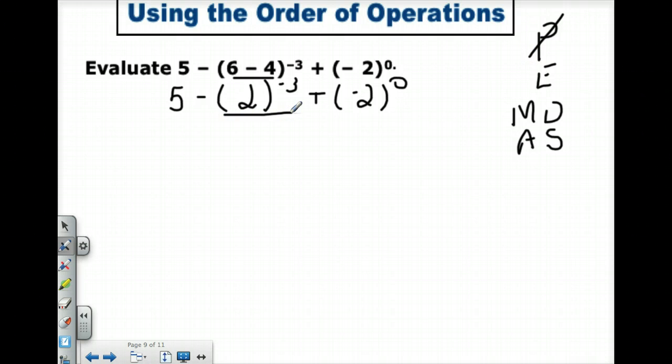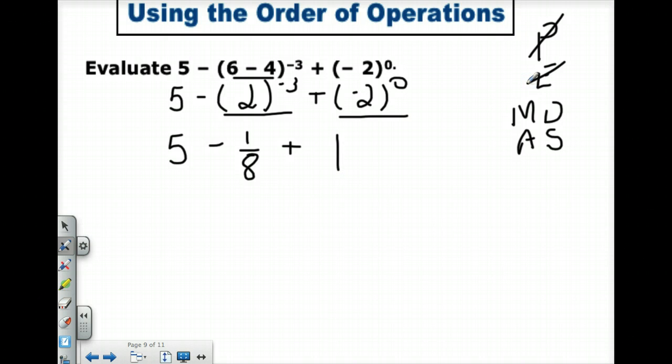2 to the -3rd power. Now, if you know what 2 to the 3rd power is, just write the reciprocal of that answer. 2 to the 3rd power is 8. The reciprocal of that would be 1/8. Plus, and -2 to the 0 power, anything to the 0 power, we just said it, is equal to 1.